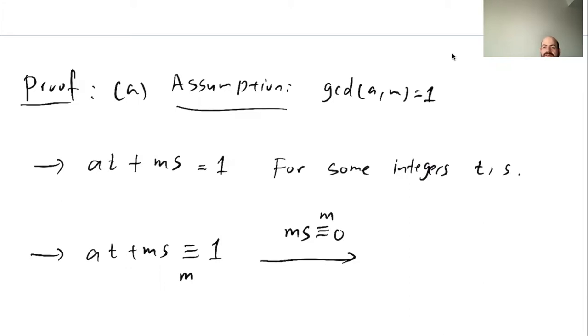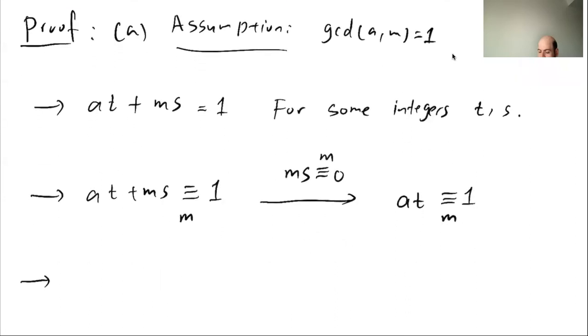MS is 0 mod M means M divides the difference between MS and 0, which means M divides MS. And of course, that's true, because MS is a multiple of M. So I can replace MS with 0 mod M. I'm looking at everything as mod M. So then I get AT congruent to 1 mod M, and that means A has an inverse mod M.